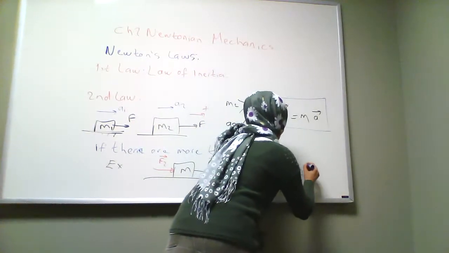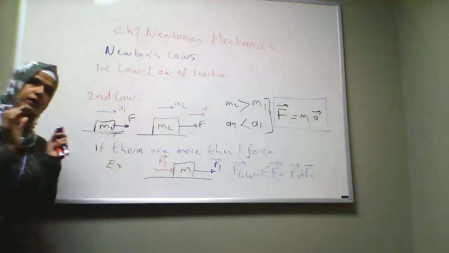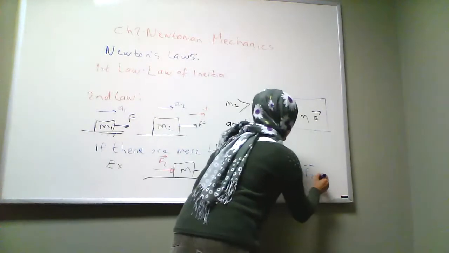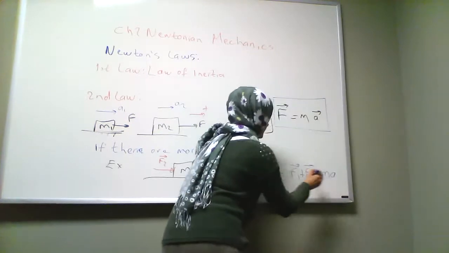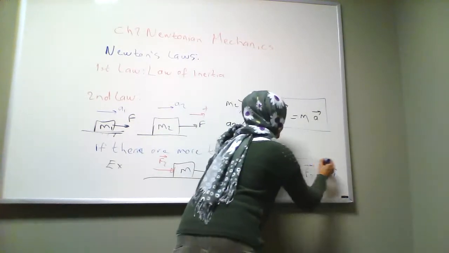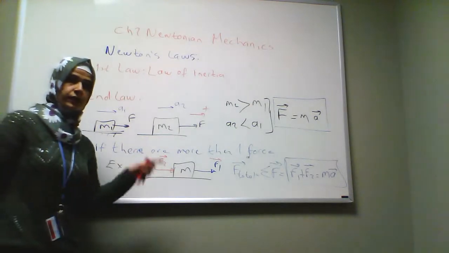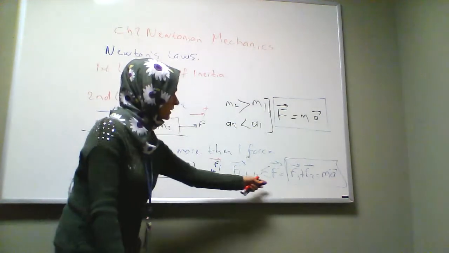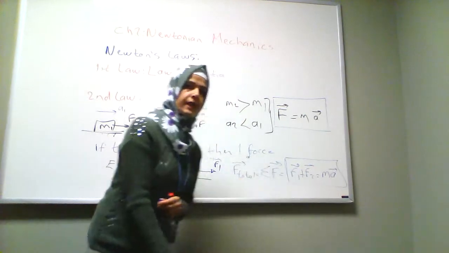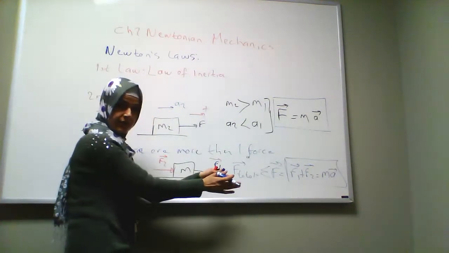Vectorial addition. And still this F1 plus F2 is equal to m times a. This never changes. So if I have more than one force, I'll be looking at total force, and the total force is equal to m times a.